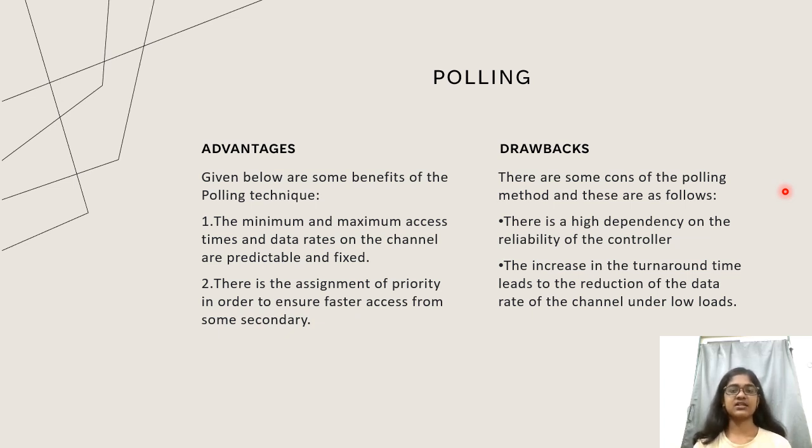Imagine you have to stand in a queue to get something when there is barely anyone around. So that is another drawback of polling. To overcome these drawbacks, we have other methods like reservation or token passing.